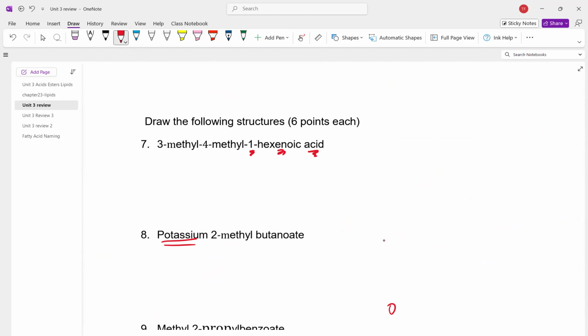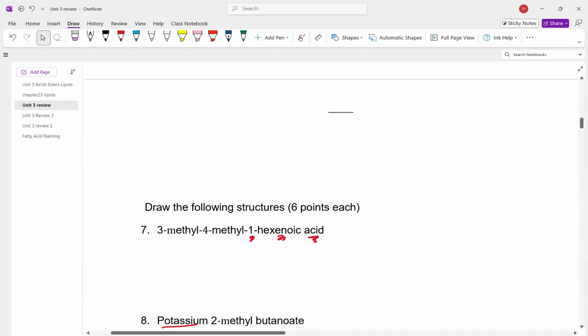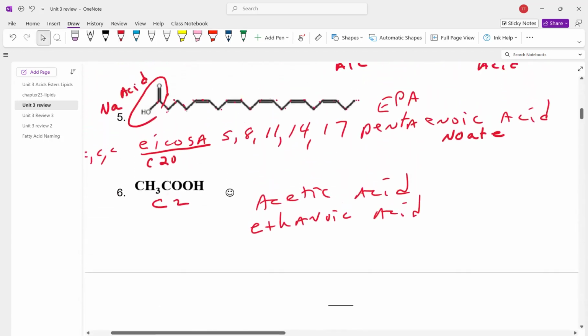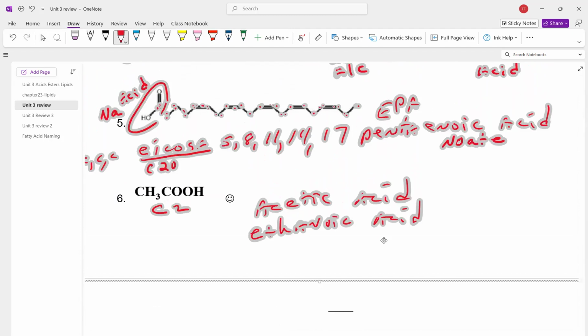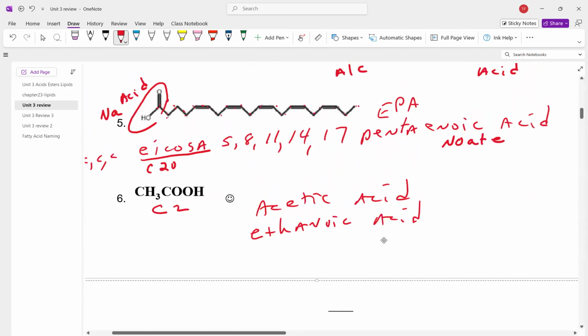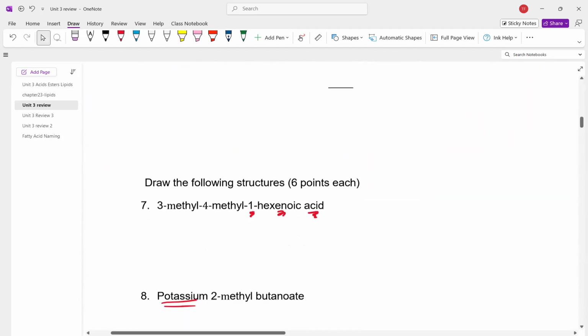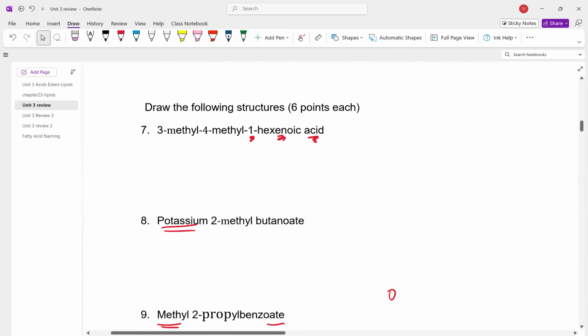If it's 2 or more, you've got to do it like we name these guys up here. Okay, so we've got a 6 carbon acid with 1 double bond at position number 1.